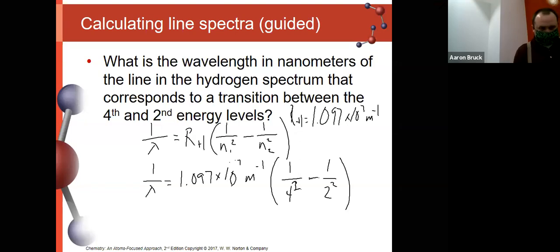1.097 times 10 to the 7th multiplied by the quantity of 1 over 16 minus 1 over 4.